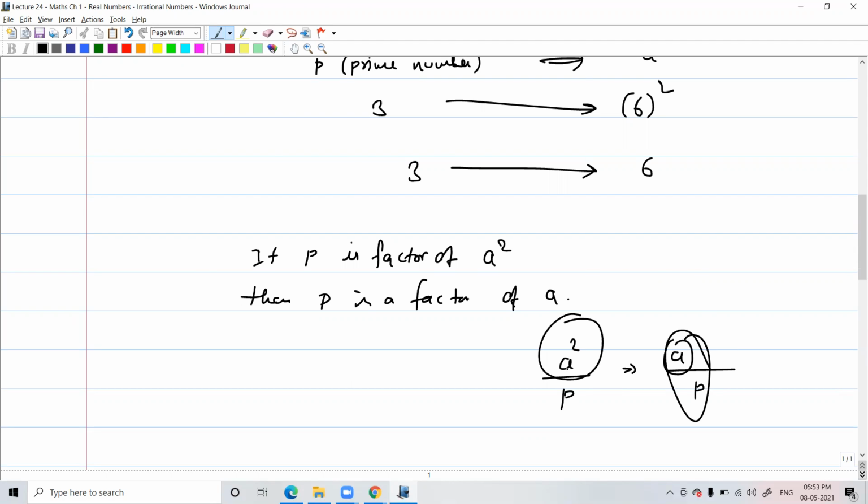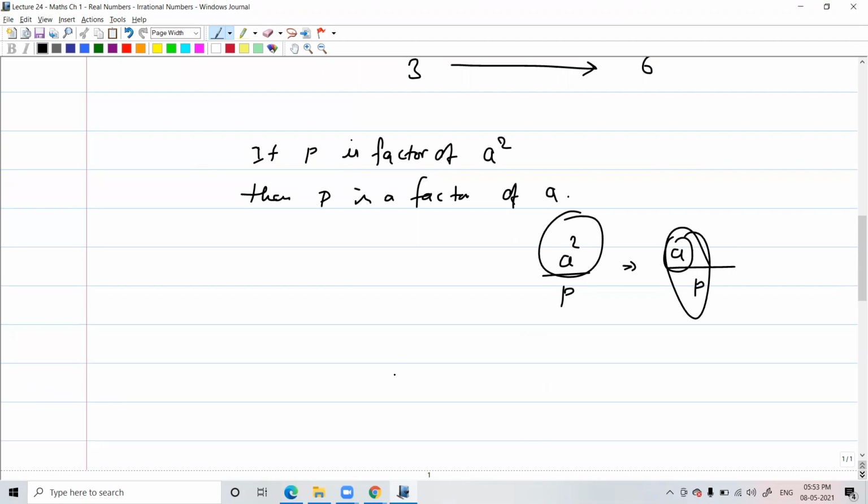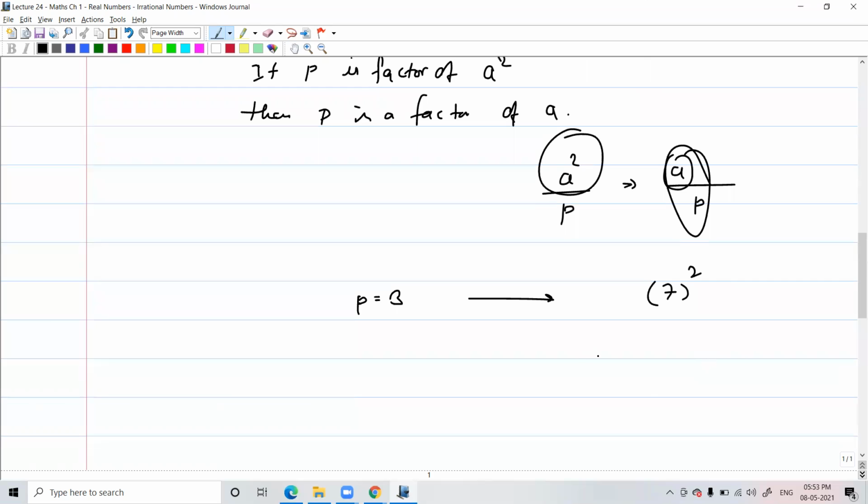For example, let's take a number which is not divisible by that. Let's say P is 3 this time, the prime number is 3, and I'm taking 7 square. Now, since 7 is not divisible by 3, that is why 7 into 7 will also not be divisible by 3.